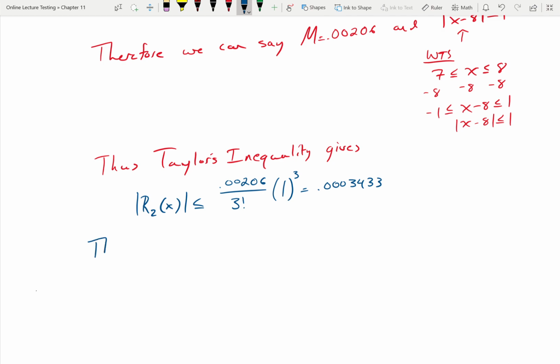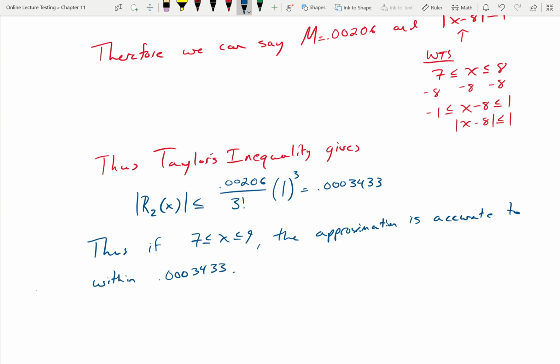So thus, if x is between 7 and 9, the approximation is accurate to within 0.0003433. So that's a pretty good accuracy. We're less than a thousandth away from it. So that's very close if we're dealing with this.